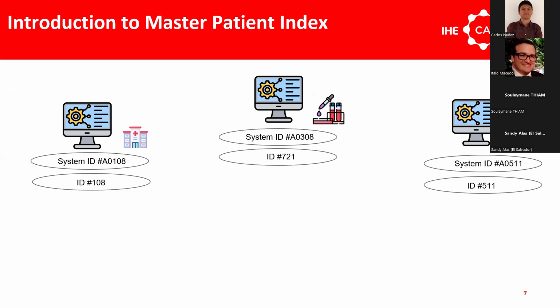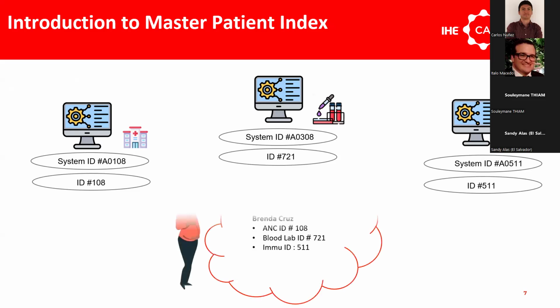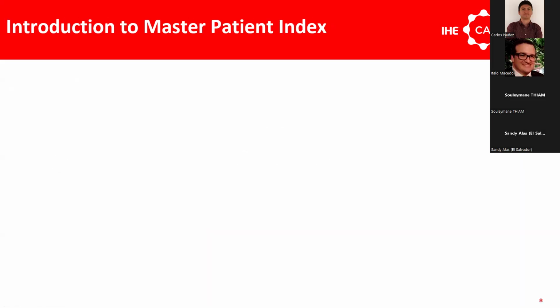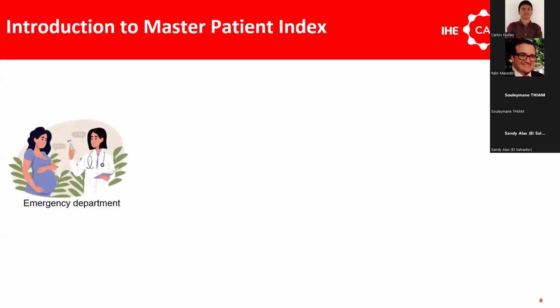And in the vaccination center, we have another ID, that's 511. So we have, in this example, 3 different systems and 3 different IDs for the same patient. So for the same patient, we have 3 different identities.